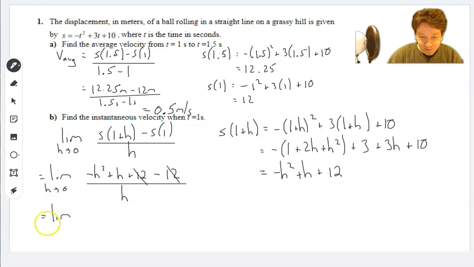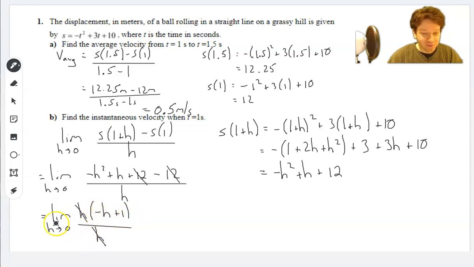So this is the limit as h approaches 0 of h times minus h plus 1 all over h. So now those h's cancel, and you're left with just minus h plus 1. But as h approaches 0, that goes to 0, and we're left with just 1, units meters per second.